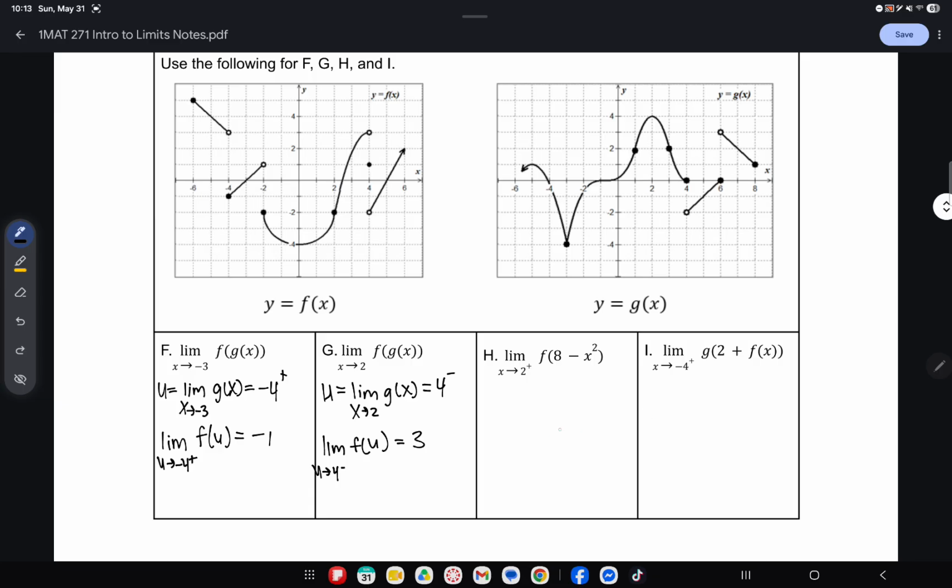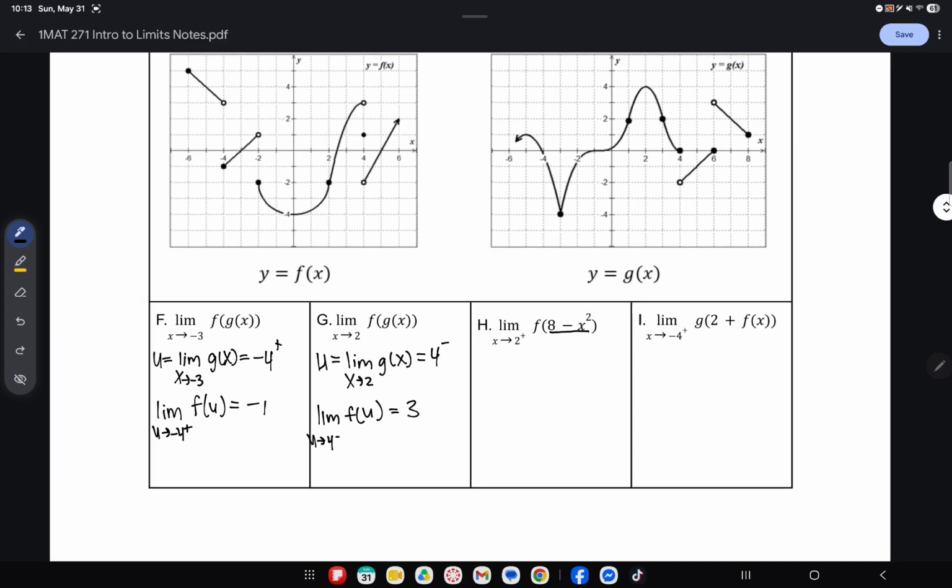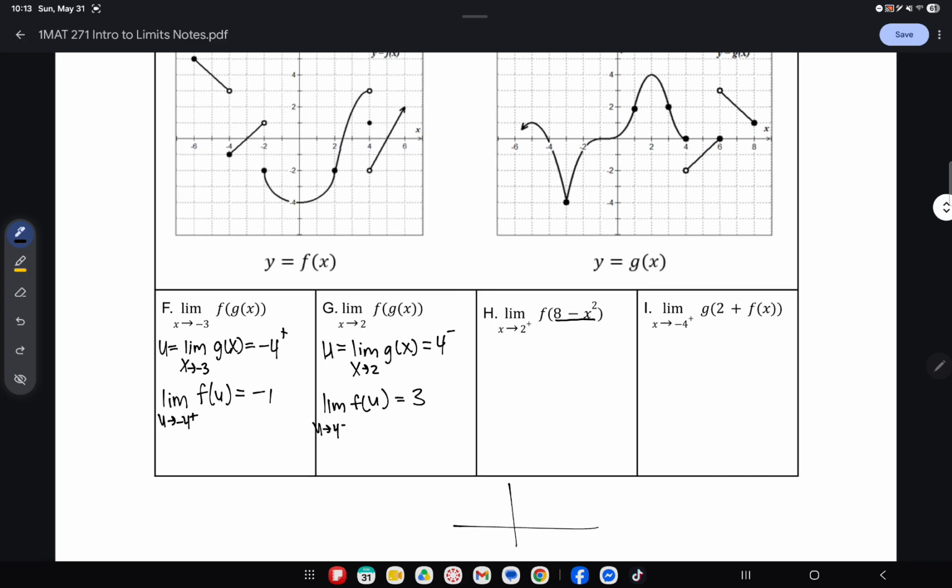All right, these next two ones here, we're going to approach this a little differently. So this says f of, and it gives me a totally different function. So I'm going to analyze that function. That function is a downward facing parabola, and that was shifted. It's going to look something like this, right?